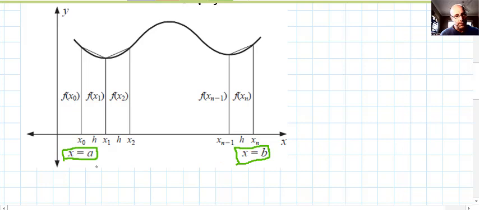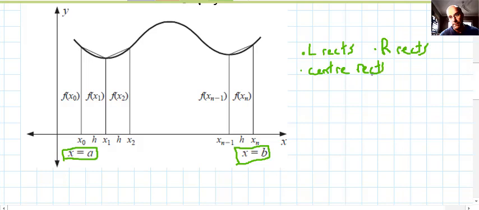And we've got something that might look a little bit like left-hand rectangles, right-hand rectangles rule, center rectangle. There are some similarities, but we're not using rectangles, we're using trapezia. And you can see the trapezia here. Here's an example. So there's one trapezium there.